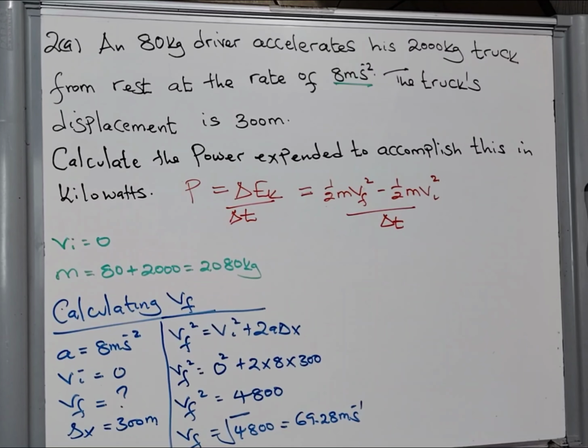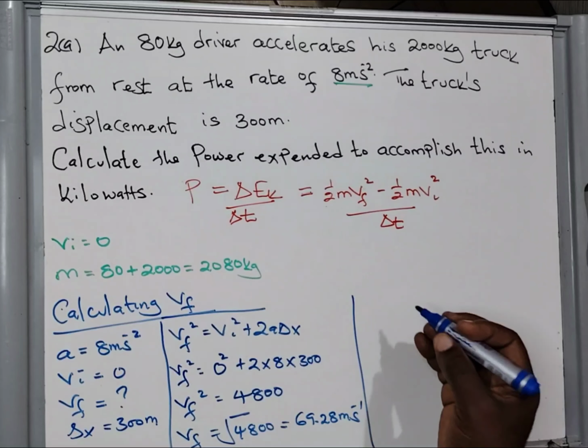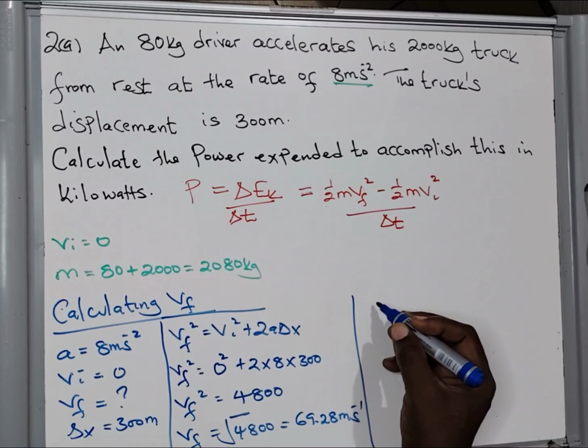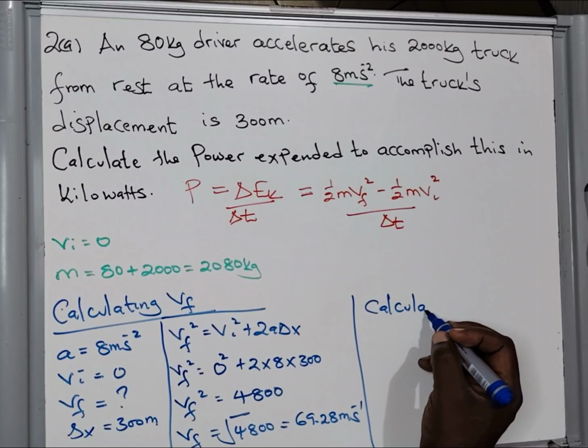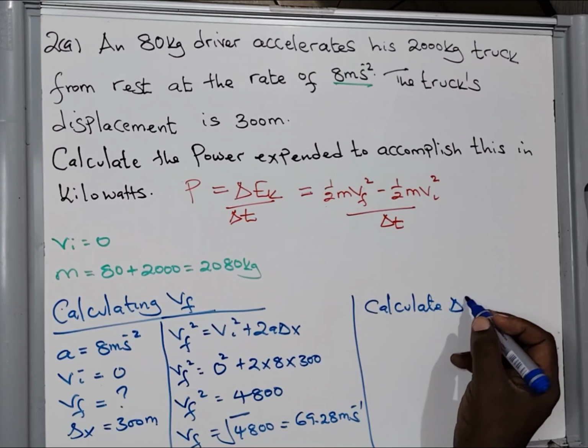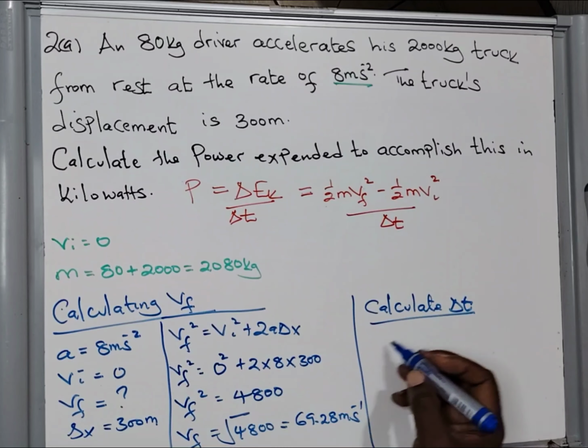So that is that. We know the final velocity, but we don't have time. But guess what? Time is also calculatable. So we can calculate delta t. Okay, let's look at the information we have for delta t.